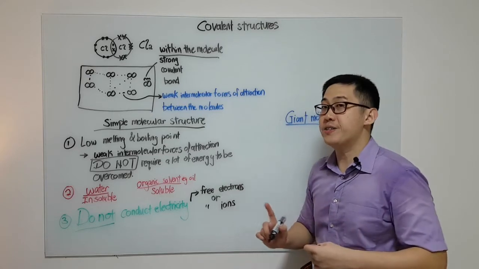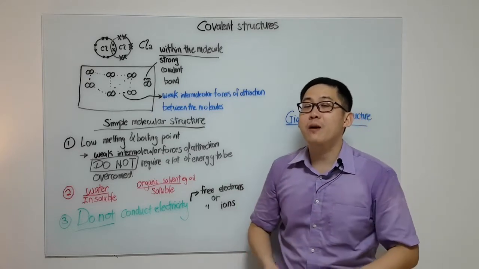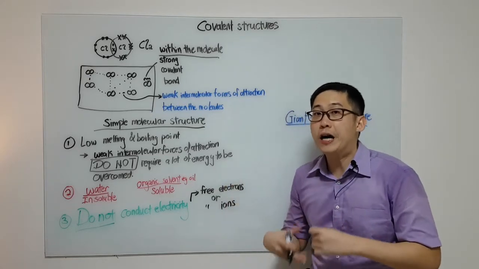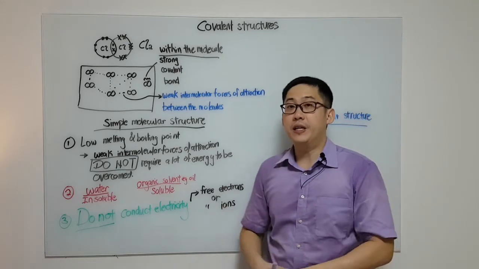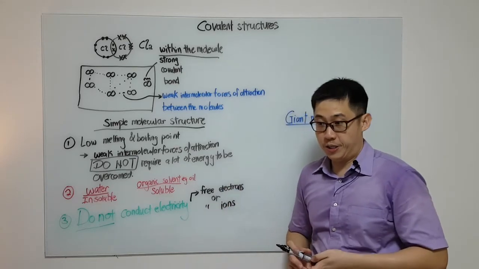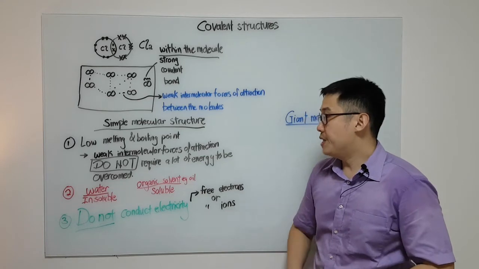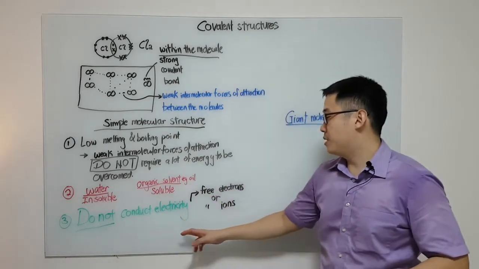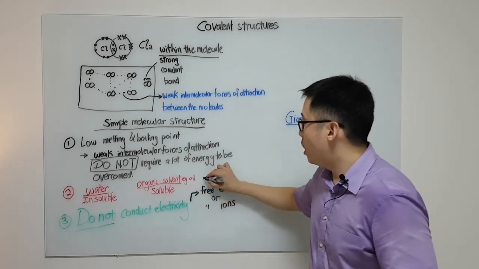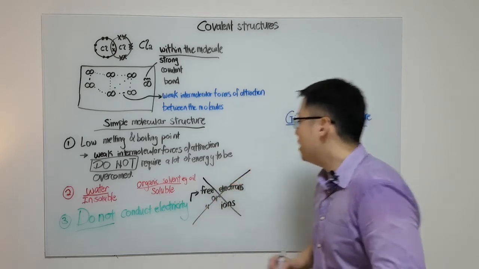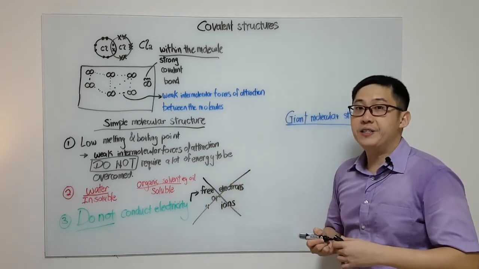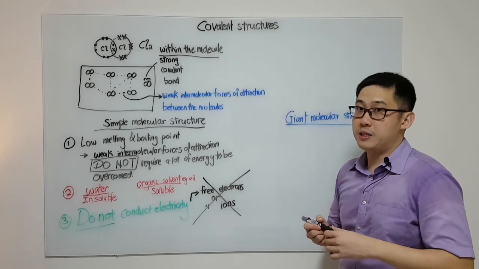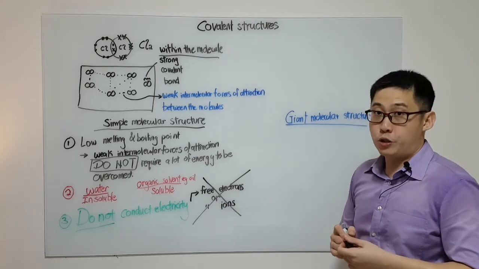These free electrons and free ions would then be able to carry the charge of electricity so that the substance can conduct electricity. In this case, they do not conduct electricity because they do not have any free electrons or ions in them for the simple molecular structure.